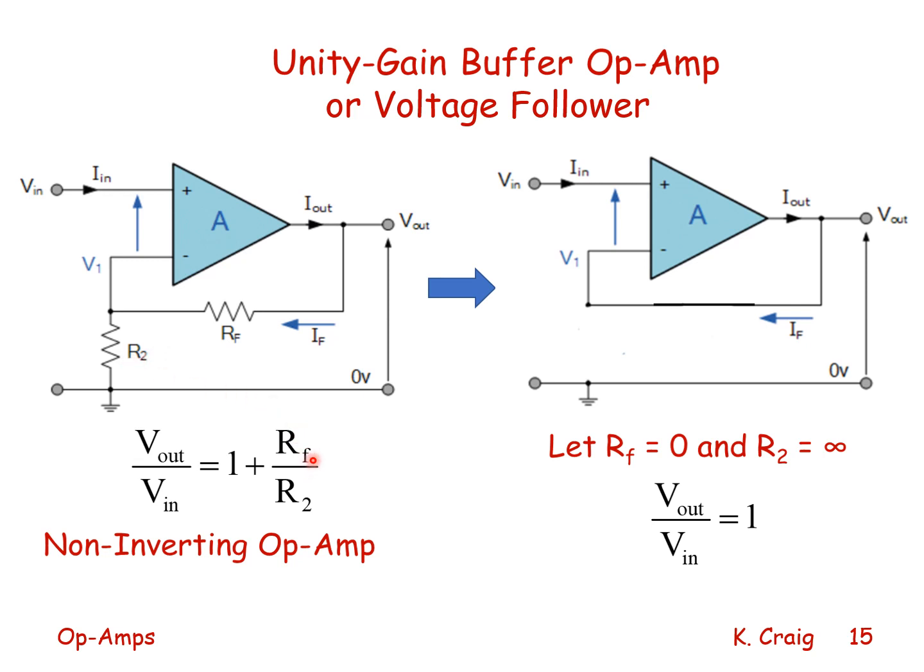If I let the feedback resistance be 0, and I let R2 be infinite, meaning this is an open circuit and this is a short circuit, then Vout over Vin is 1. And this is what we call a unity gain buffer op amp, or voltage follower.